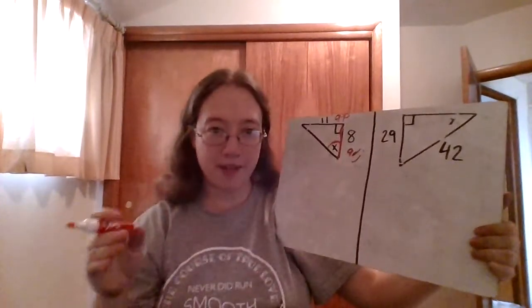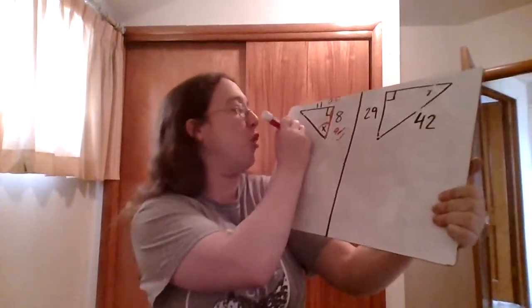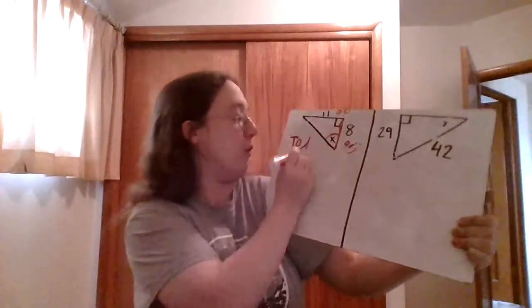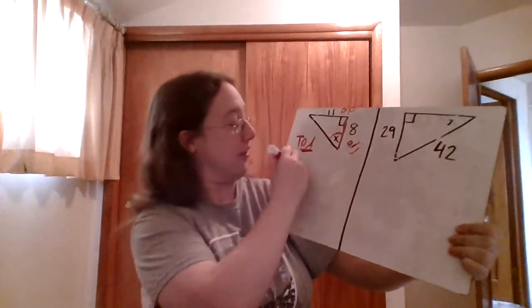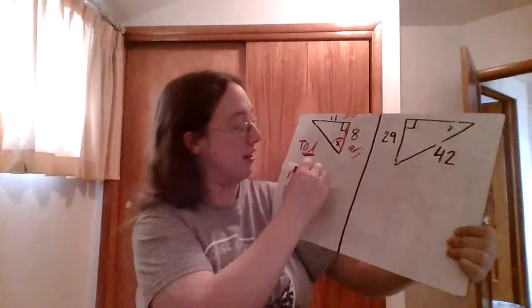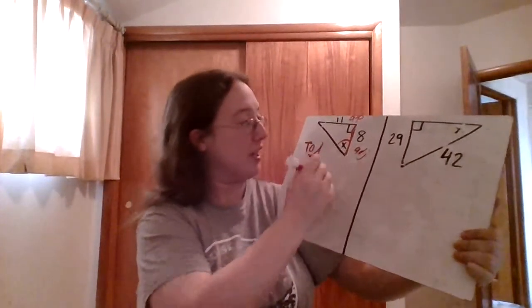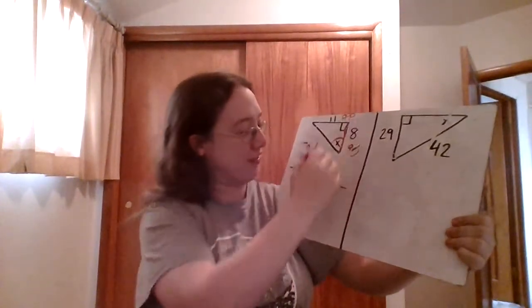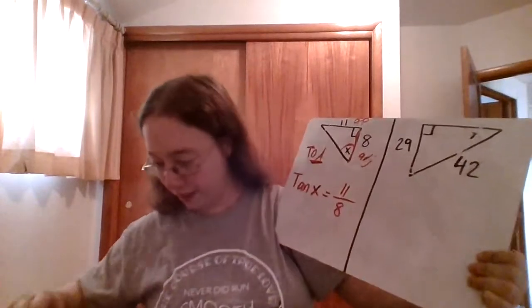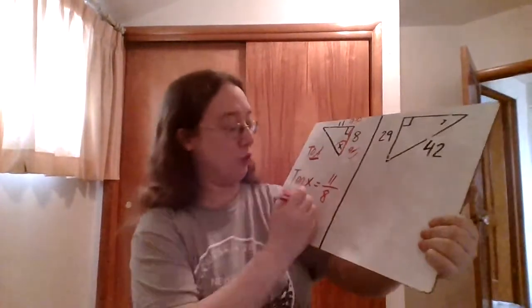So if we have opposite and adjacent, that's the TOA part of our SOHCAHTOA, so that's tangent. So this time we want the tangent of, I'm going to call it x, is our opposite side, which is 11, over your adjacent side, which is 8. 11 over 8 is a nice decimal, so this one will get the same thing either way, which is 1.375.